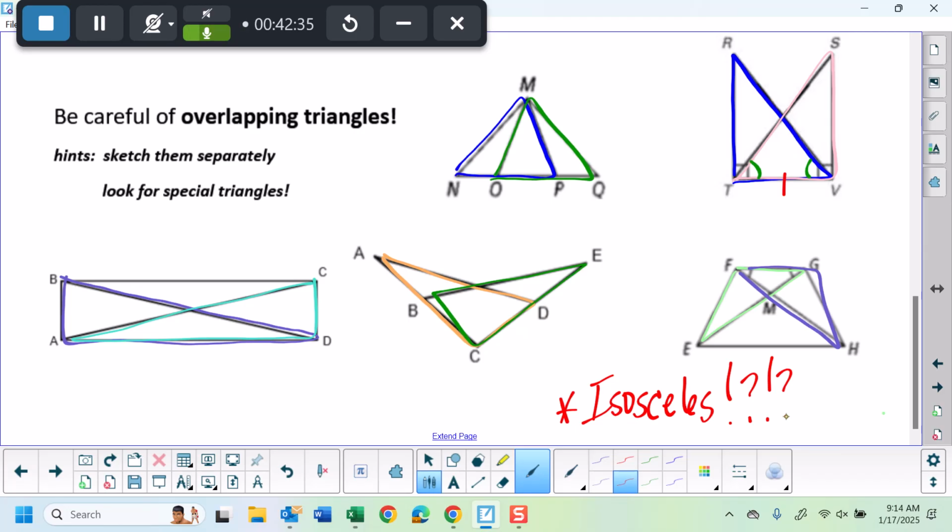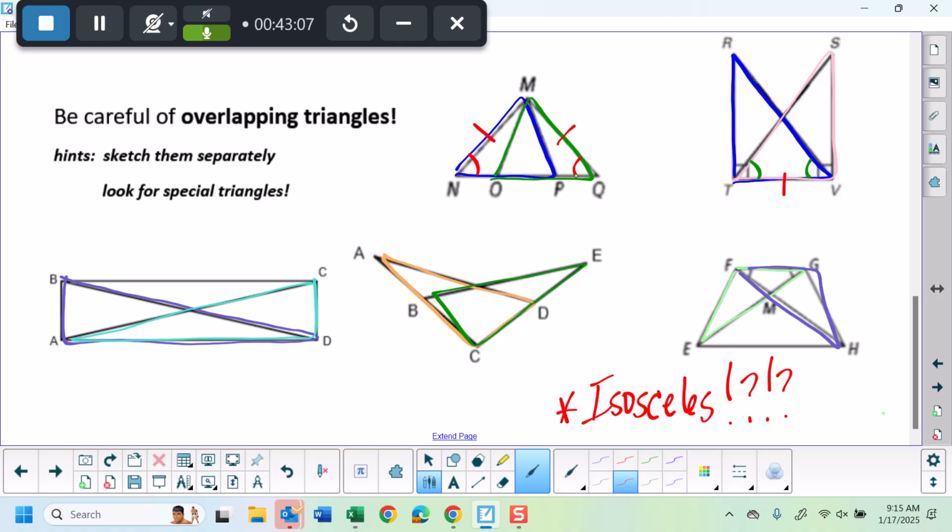The isosceles base angle theorem will come back and bite you at least 1 or 2 times in the next couple weeks, because you'll miss that certain triangles are isosceles. For example, if you are given that these two sides of this triangle are congruent, do you now know that these two base angles are congruent?